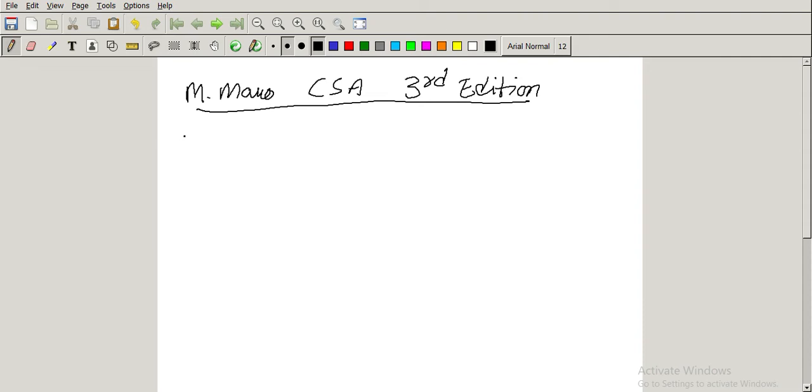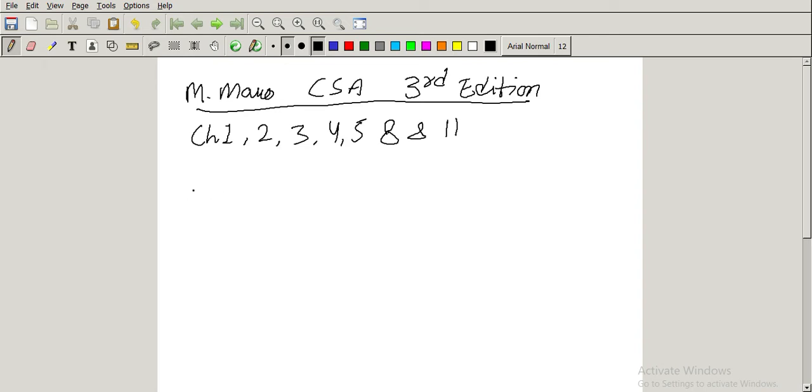When we talk about the chapters: chapter 1, chapter 2, chapter 3, 4, 5, and 8 and 11. So these are the chapters that you have to cover.